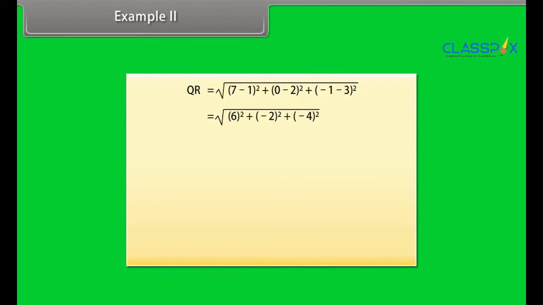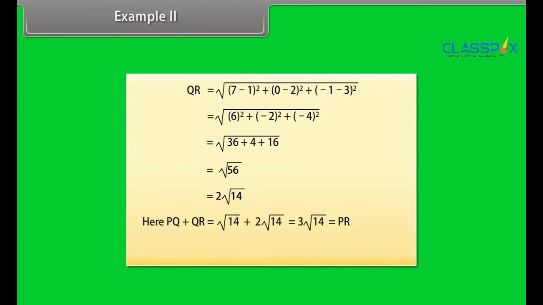After calculating QR, we get 2 into square root of 14. Here, PQ plus QR is equal to square root 14 plus 2 into square root 14 is equal to 3 into square root 14, which is equal to PR. Hence, points -2, 3, 5, 1, 2, 3 and 7, 0, -1 are collinear.